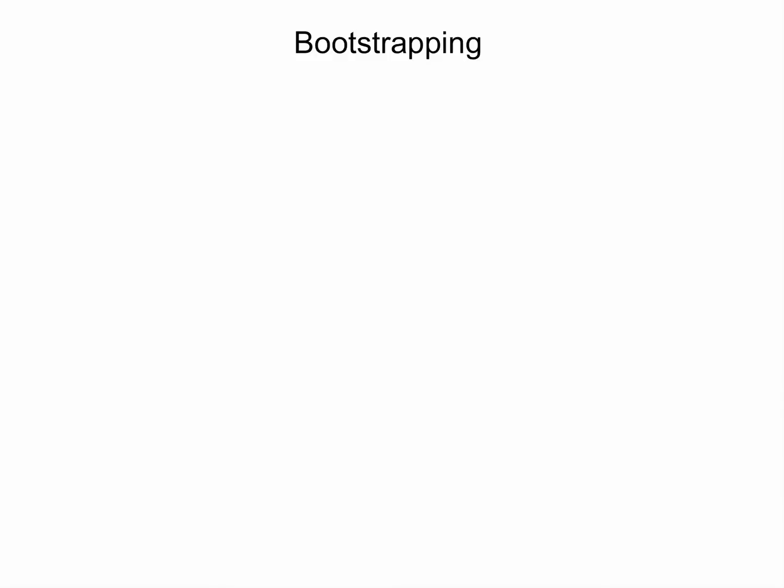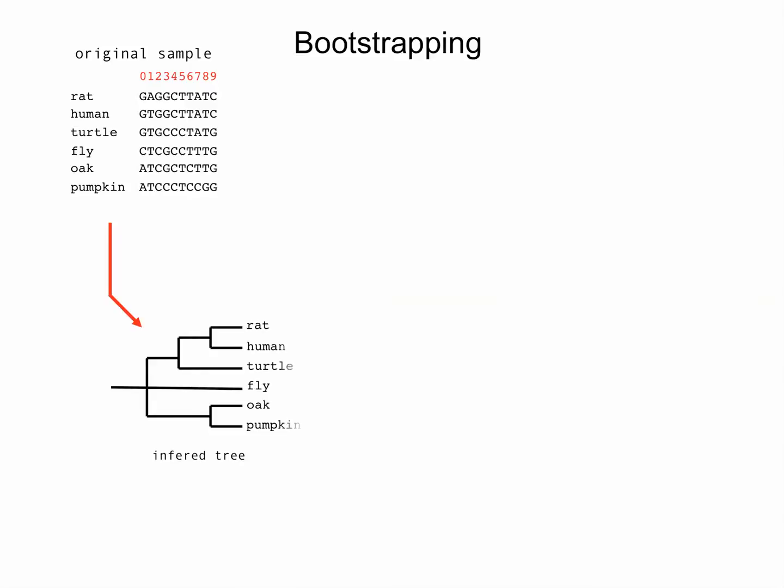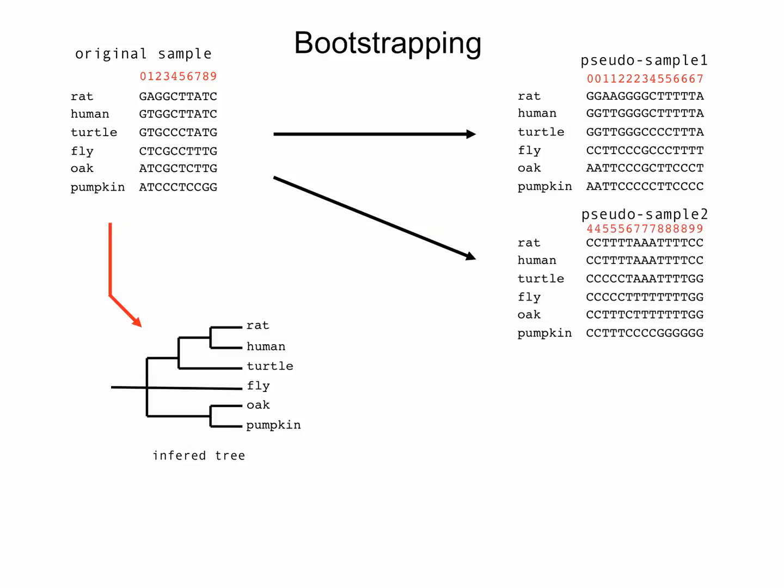Here is another example of how the bootstrapping method is carried out in practice. We have an alignment of sequences of 6 organisms and the resulting tree of the relations among them. Now, on the right, we have 2 examples of the bootstrap method.